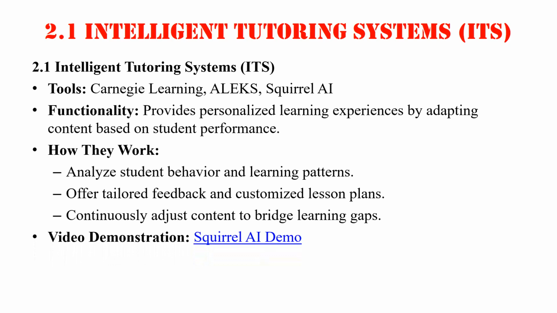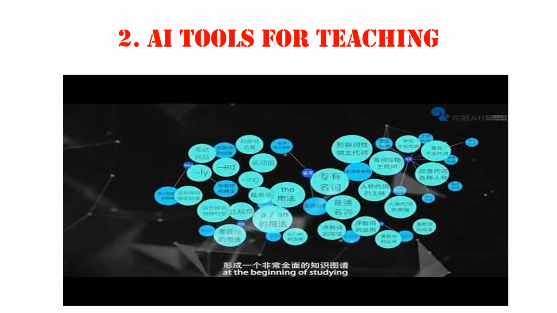The other best tool used in these scenarios is Squirrel AI. When you search for Squirrel AI usage, you will see how it operates, and mostly it is used in the student sector, especially in Tokyo, Japan.